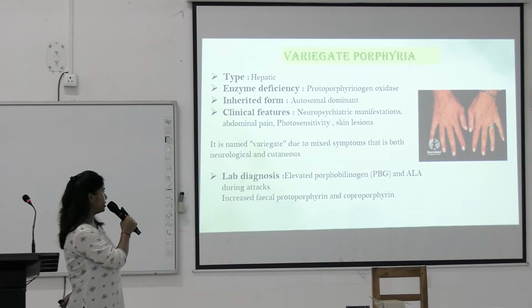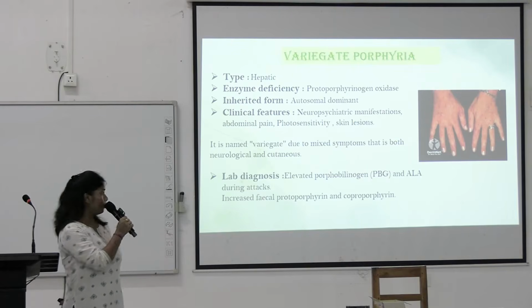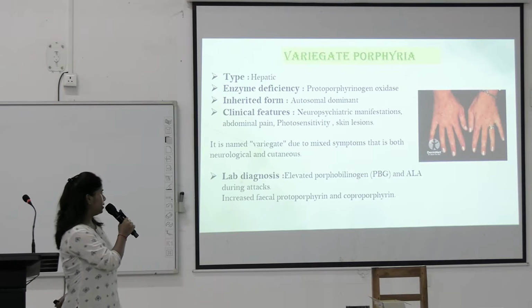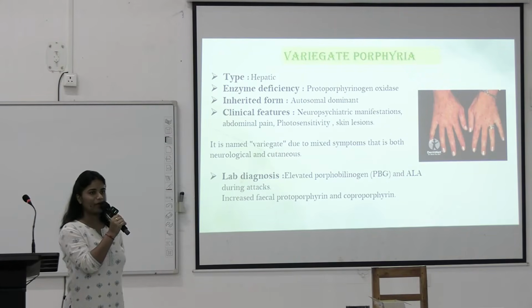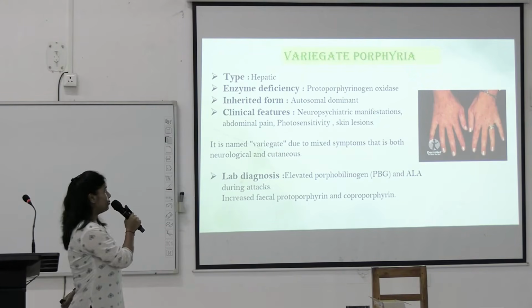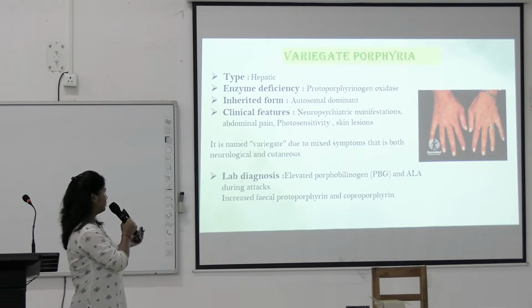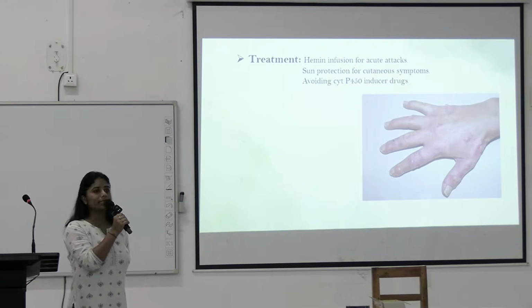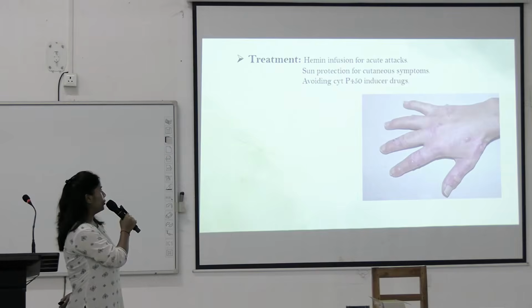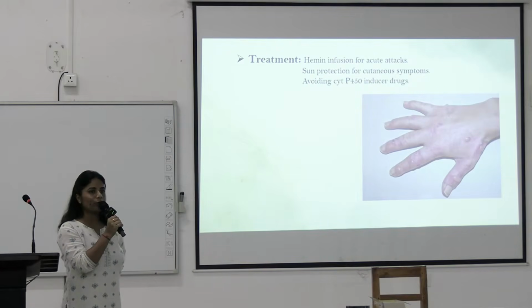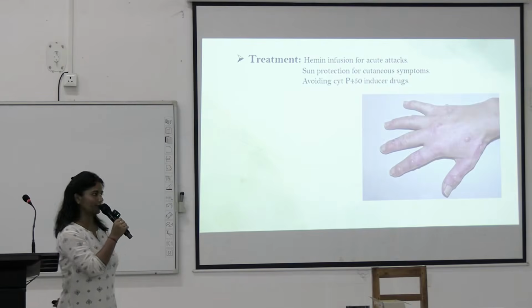It can be diagnosed in the lab by elevated porphobilinogen and ALA during attacks and increased fecal protoporphyrin and coproporphyrin. Variegate means mixed, and it gets its name because it shows both neurological and cutaneous symptoms. Its treatment is hemin infusion in acute attacks, sun protection while outdoors, and avoiding cytochrome P450 inducer drugs.